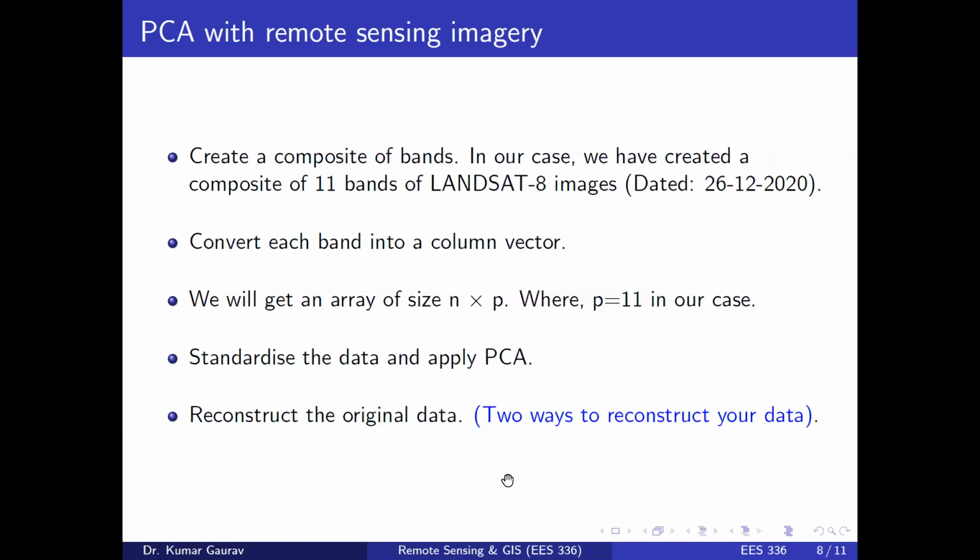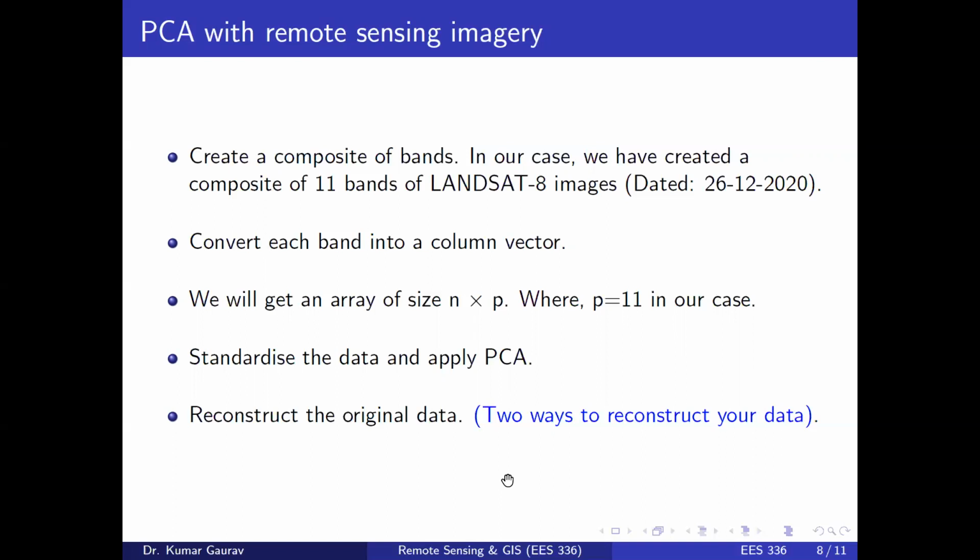If you are not aware of this term, then let it be, you will get to know soon what we mean by composite of bands. So in Landsat 8 we have 11 bands, and we have considered all the 11 bands and made the composite of these 11 bands.